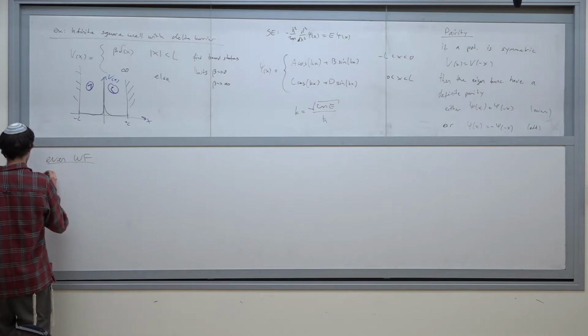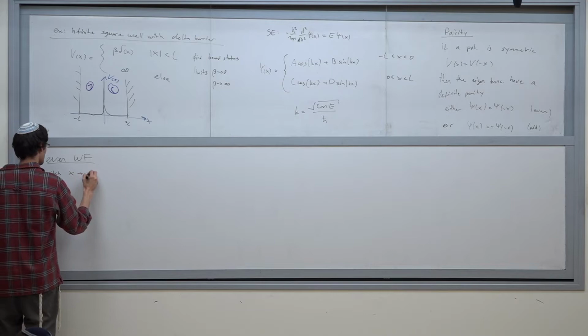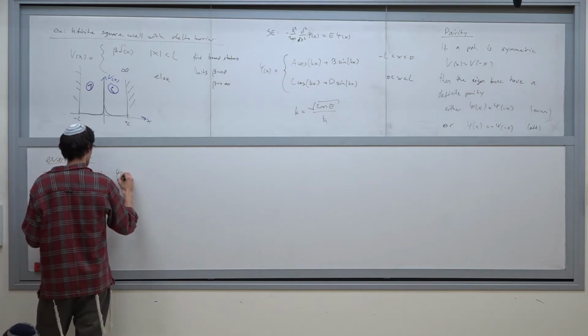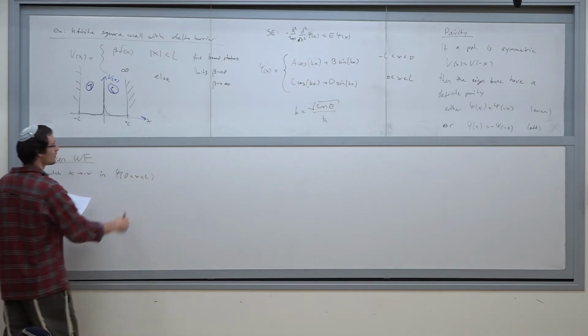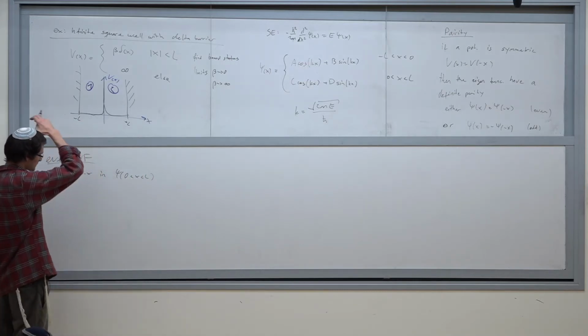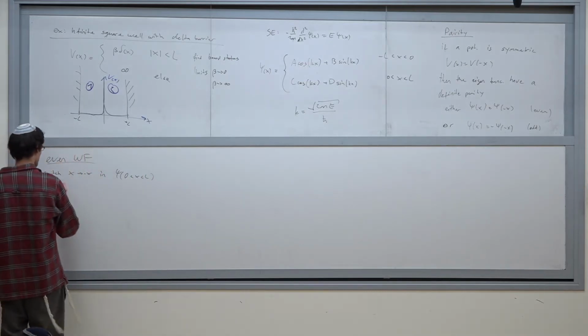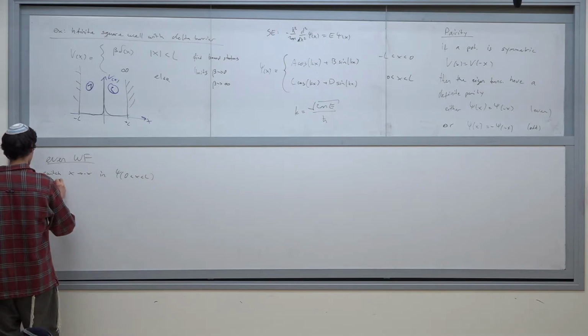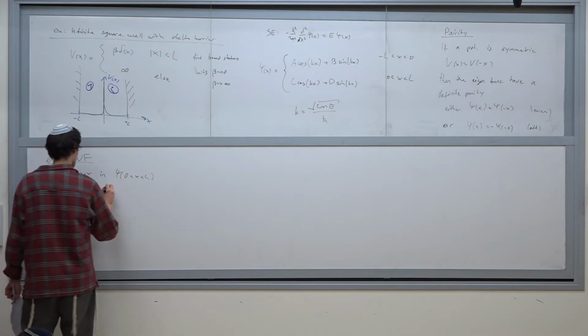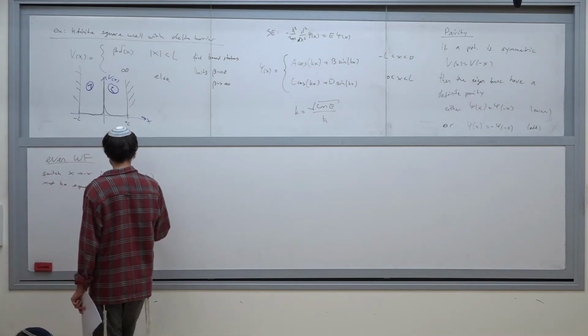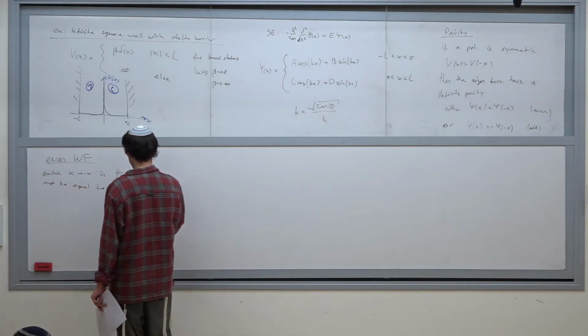So if we switch x to minus x in psi in the bottom row, where x is positive, it must be equal to the negative part.